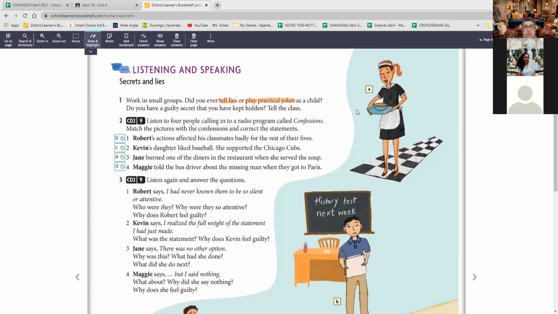You create a funny story. A practical joke is something that you actually do for many reasons. To make fun of somebody, or just to make the person feel embarrassed or in an awkward situation.